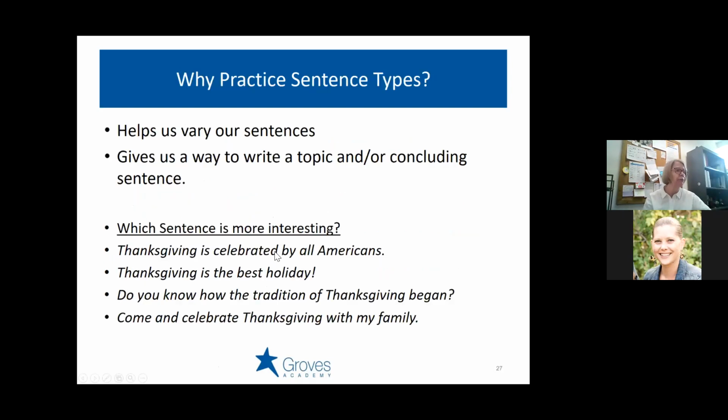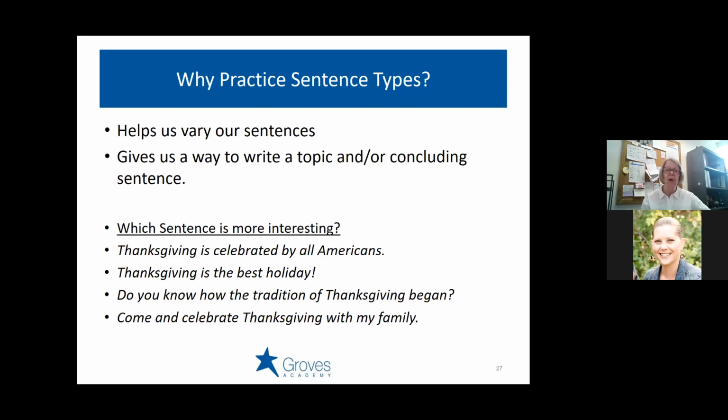So the other thing we want to do early on is practice sentence types, because we need to vary our sentences. If every sentence is a short statement, the writing is going to be boring and choppy and not very interesting.